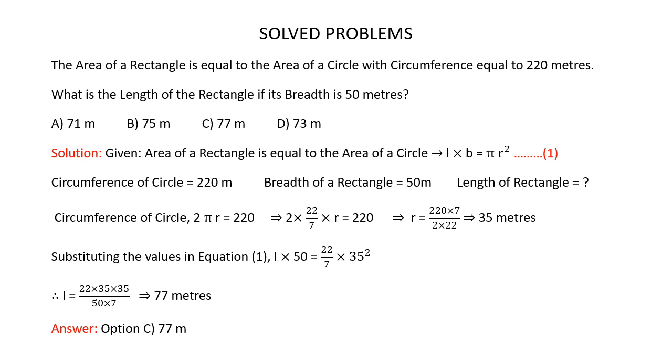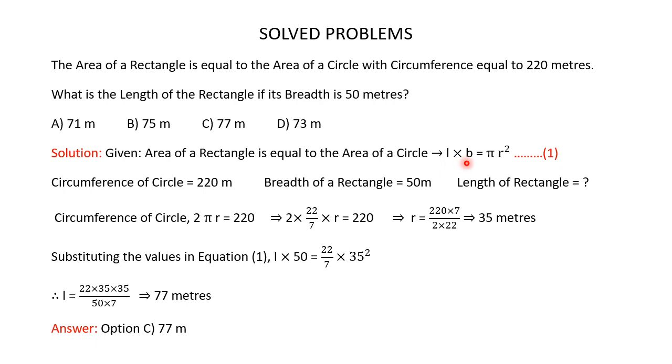So now we have L multiplied by B is equal to pi r squared. Now the breadth of the rectangle is given as 50 meters. We know the value of pi as 22 by 7. So if we know the value of the radius of the circle, we can easily find the length of the rectangle.